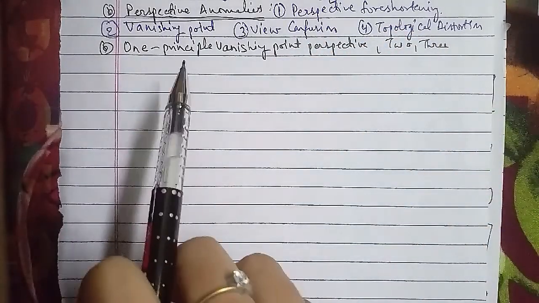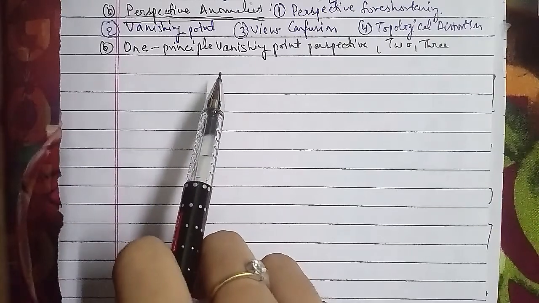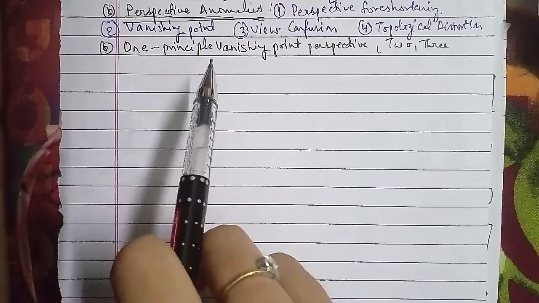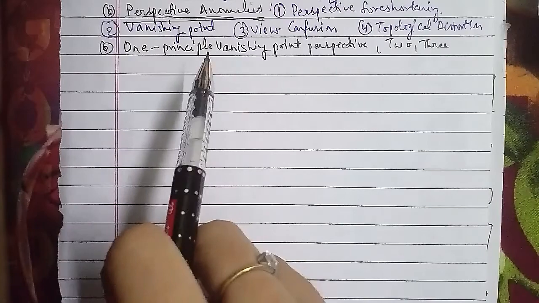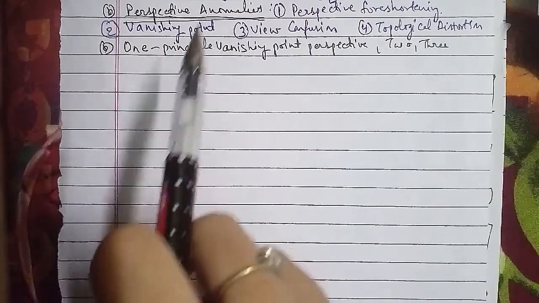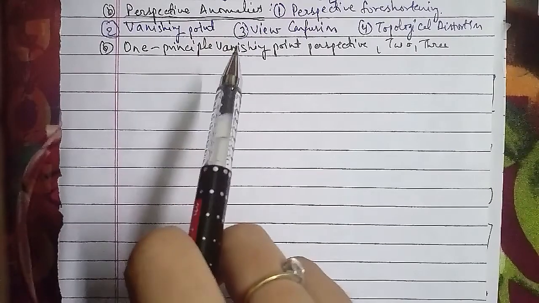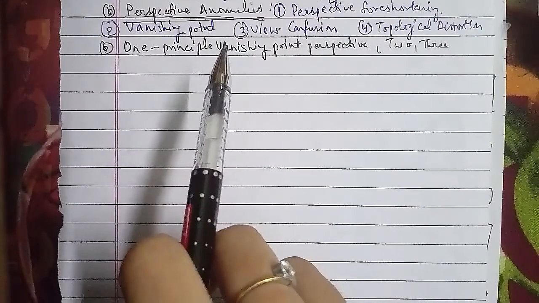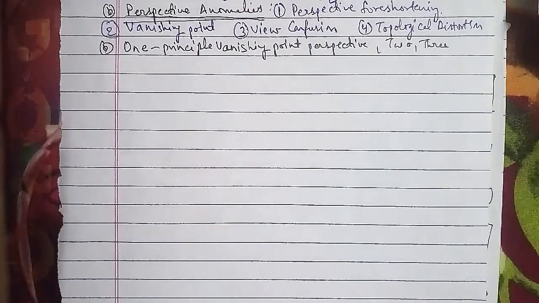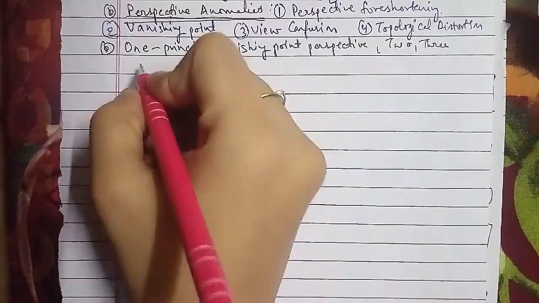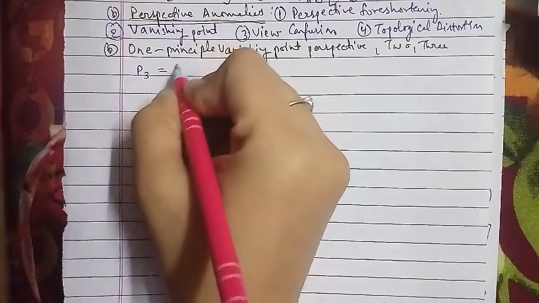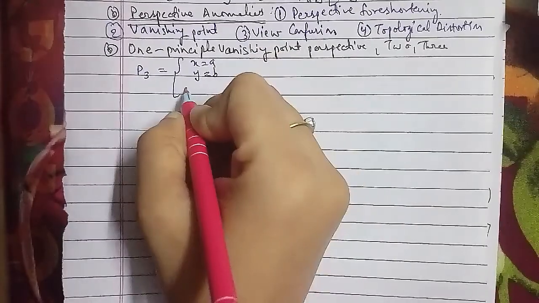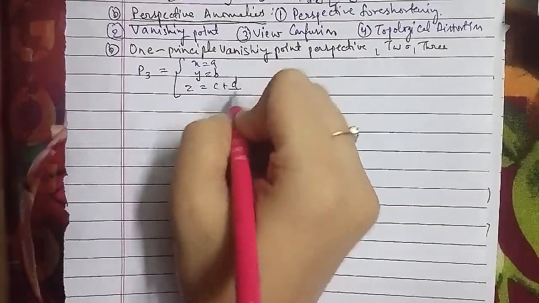Starting with the first, the one principal vanishing point perspective, the one principal vanishing point occurs when the projection plane is perpendicular to the principal axis, which is x, y, or z. Assume it is the z-axis, and in the case of the view plane normal vector in the direction of vector k, then the principal vanishing point is P3, where x equals a, y equals b, and z equals c plus d upon n3.